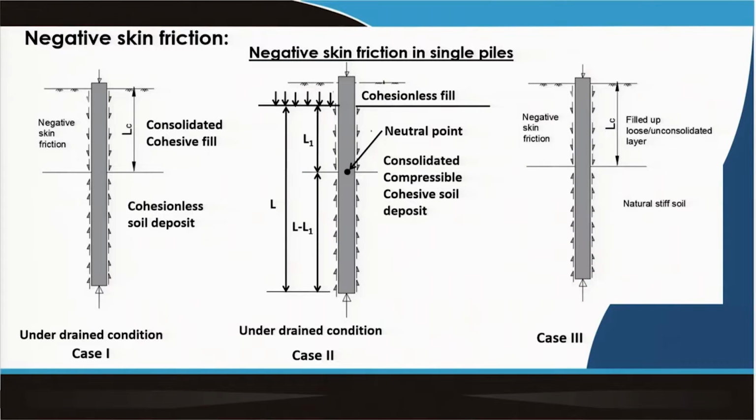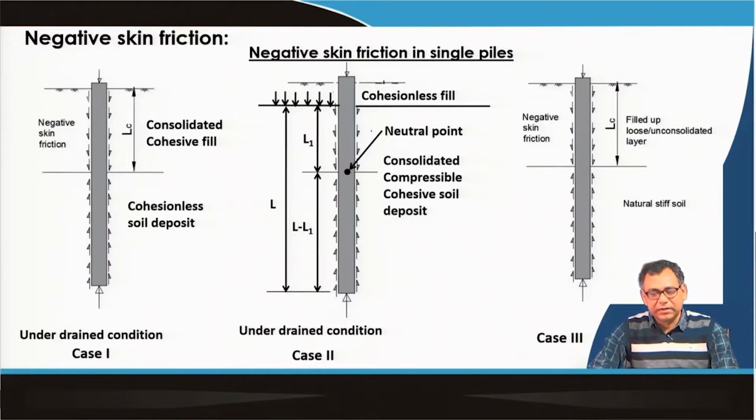Suppose we have a newly constructed fill. That fill can be cohesive soil, or it can be loose cohesionless soil also. If the pile is constructed before or after the placement of the fill, but before the completion of the consolidation of the fill soil, then the fill soil will deform more compared to the pile deformation.